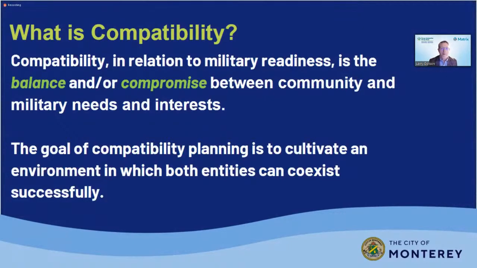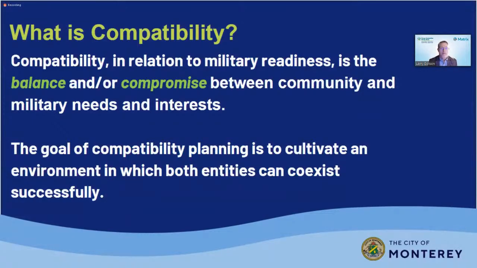In the case of Monterey and the greater region, the military has been a big part of the Monterey Peninsula for a long time. In the case of the city, both the Presidio and Naval Support Activity Monterey and the Naval Postgraduate School in particular have grown up together with the city as it has developed over several decades of presence.